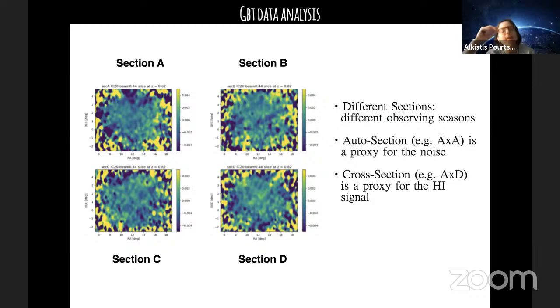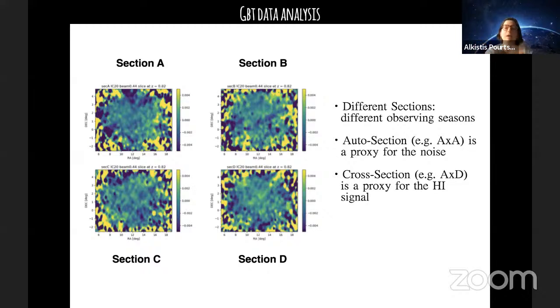The GBT data analysis is the final part of the talk, where I wanted to describe how we did the GBT cross eBOSS work. The GBT observes different sections, meaning different observing seasons, and it gets its autocorrelation by cross-correlating different seasons. This is because by cross-correlating different seasons, the noise associated with each of them is independent, so it drops out.